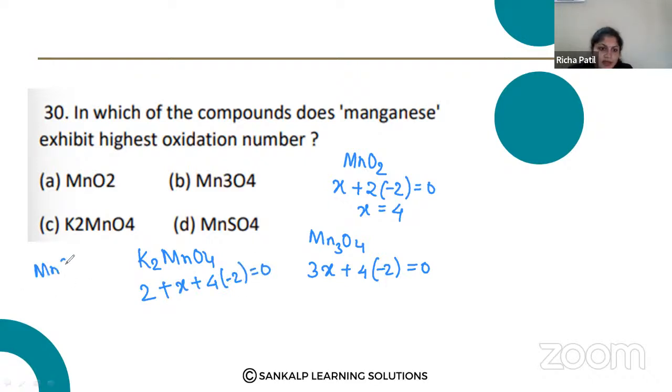Then MnSO4: x plus S minus, so 0, and 4 into minus 2 equals 0. Yes, solve it and see.